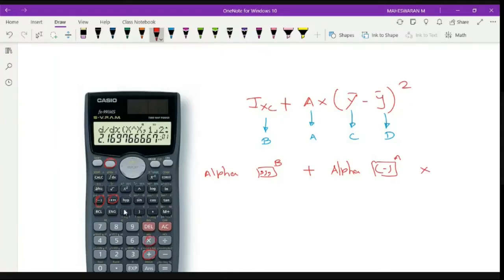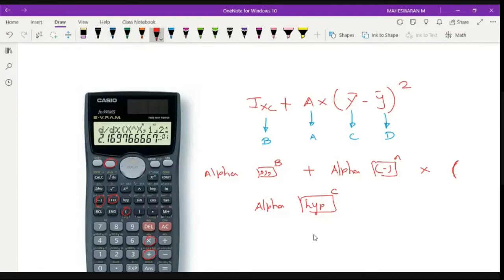Open a bracket. So open a bracket. Okay. Next alpha, right? Alpha, then the C button. So alpha C. Right, alpha C. Make sure of this. So this is your bracket.